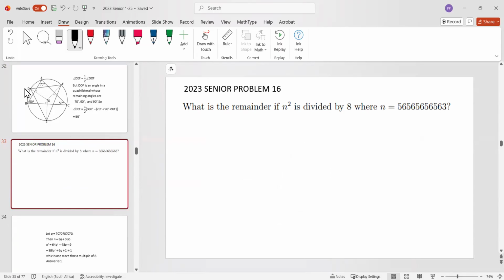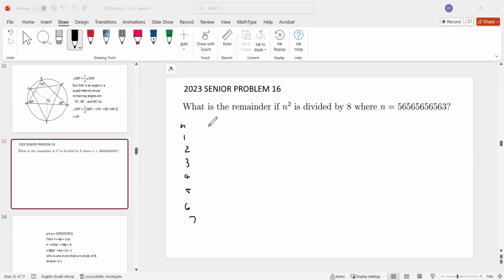Now, interestingly, when you take an integer, square it and divide by 8, let's just try a few. 1, 2, 3, let's call this n, 4, 5, 6, 7.